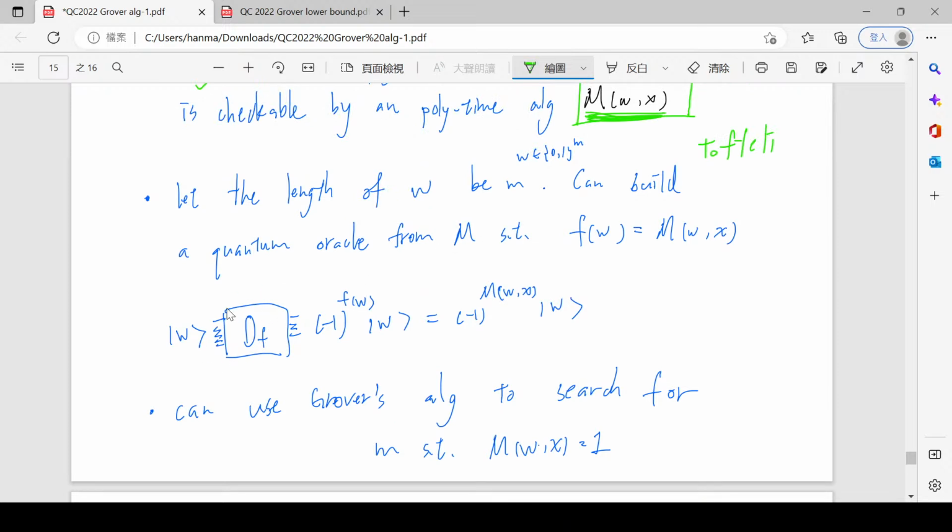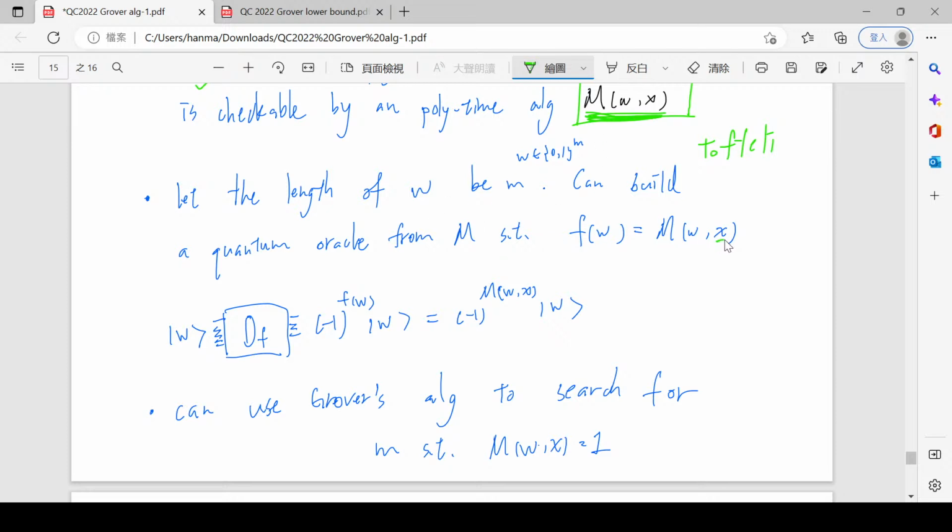Anyway, you can build it into a phase version, then you will have this oracle. Sorry, it's a little complicated.